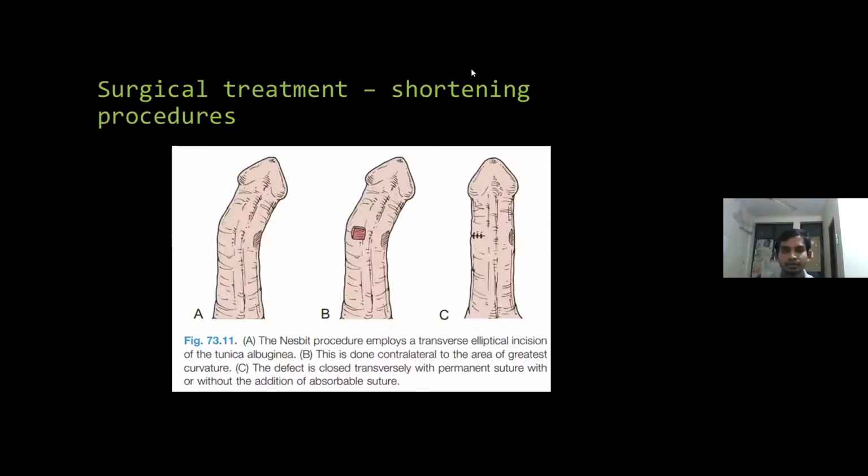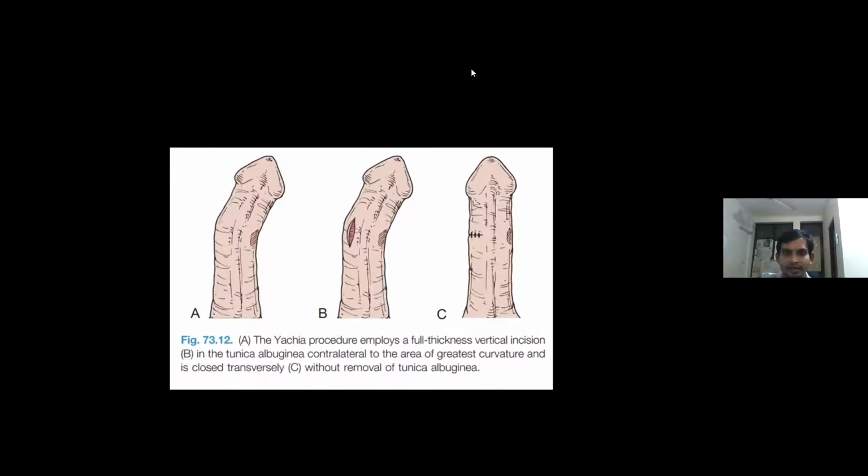Shortening procedures can be used if patients have good penile length and no erectile dysfunction. This is called the Nesbit procedure: we do an elliptical incision and suture transversely. Another technique is called the Yachia procedure: a full thickness vertical incision and suture in the transverse manner, like in the Heineke-Mikulicz procedure.